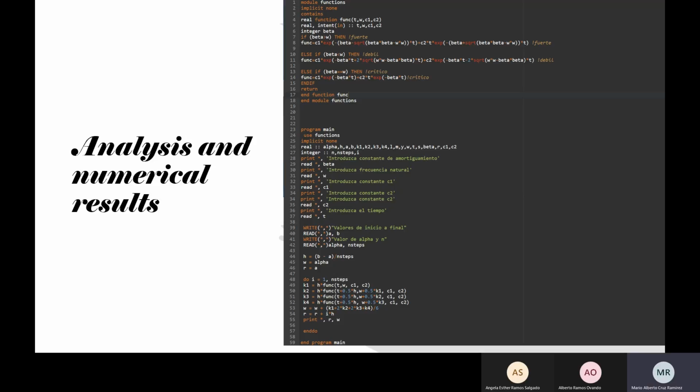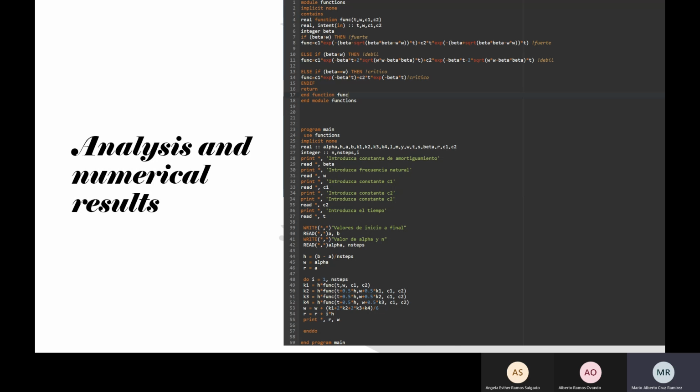Then we have the function for the Runge-Kutta method. The result is for omega and r.